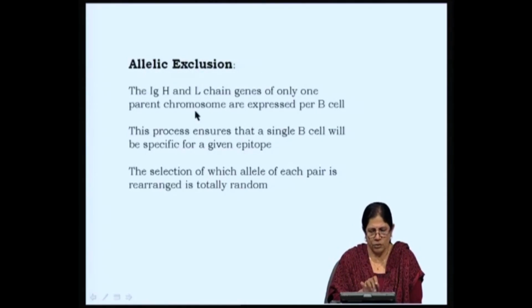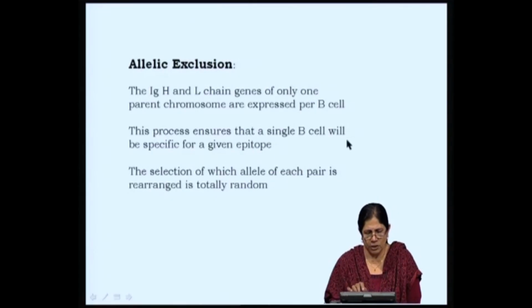Now, allelic exclusion ensures that a single B chain will be specific for a given epitope. The selection of which allele of each pair is rearranged is totally random. All of us get both paternal and maternal alleles, and they are equal.